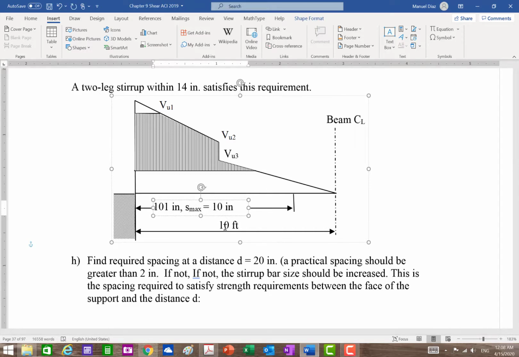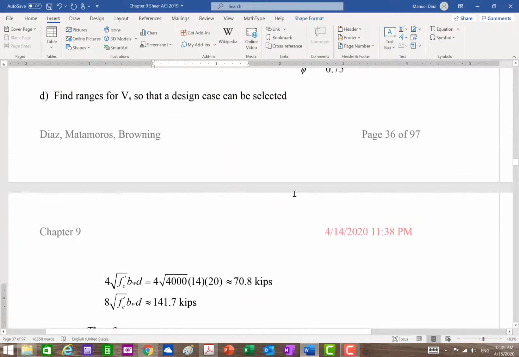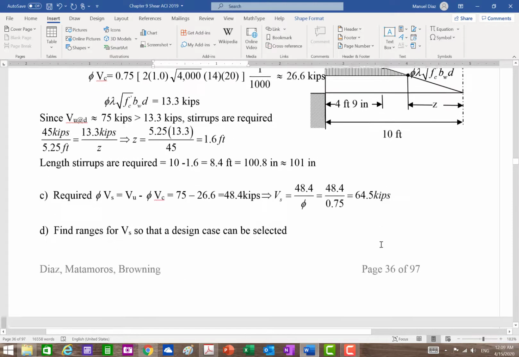We cannot exceed a spacing of 10 inches between the face and the value of 13.3, which is this number here. So remember, you have to cover all the way to that number. So that's what we have.